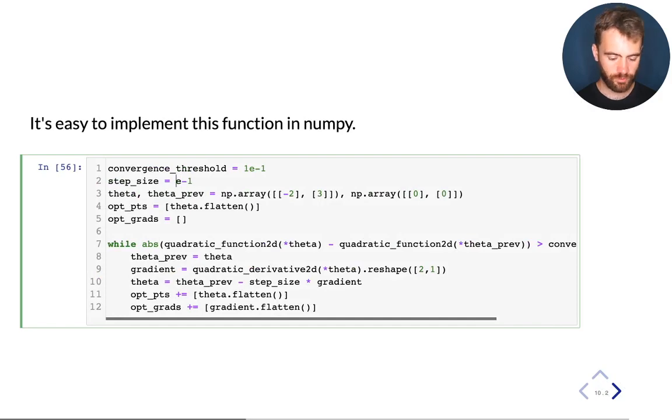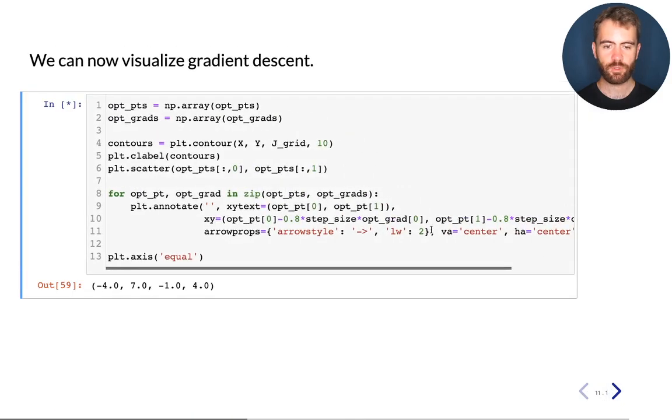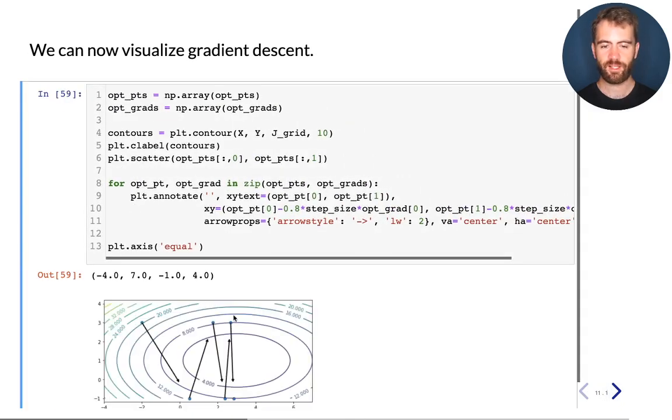To make it even more extreme, I can increase the step size even more, which makes the algorithm not even converge, because at every step I'm overshooting the value. I'm basically jumping all the way across the region where the minimum is, and I'm going to the other side, and I'm just stepping back and forth, and we're not really converging. So this is what it looks like when your step size is too large.